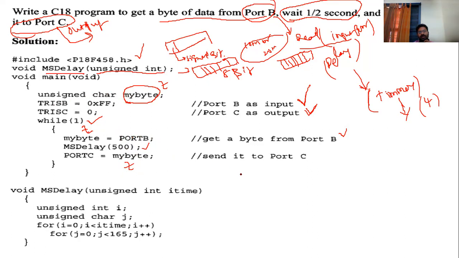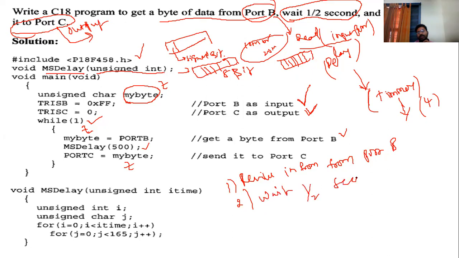See, it's very simple. First, receive information from port B. After receiving, give the wait period, wait up to a second. Then third, send information to the ports. These are the 3 points.